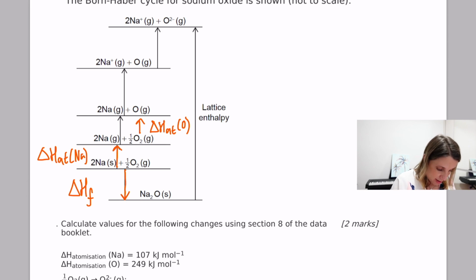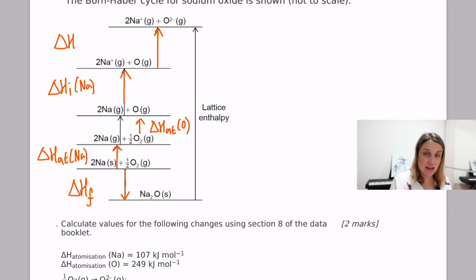Next one, the change here is the Na going from Na to Na+, so this is an ionization energy for the sodium, first ionization energy. And then in this one here, you've got oxygen going from O to O2-. So that's actually an electron affinity where it's gained an electron.